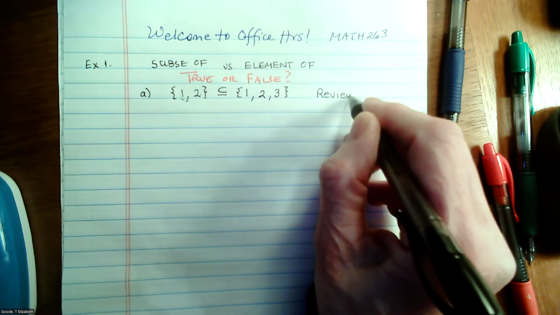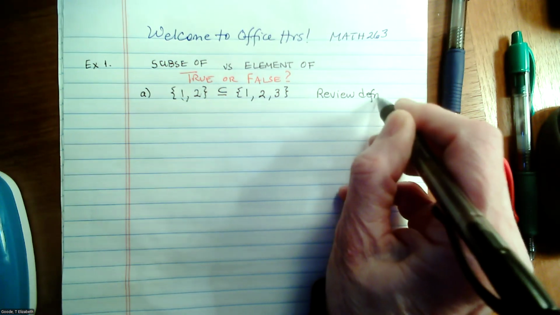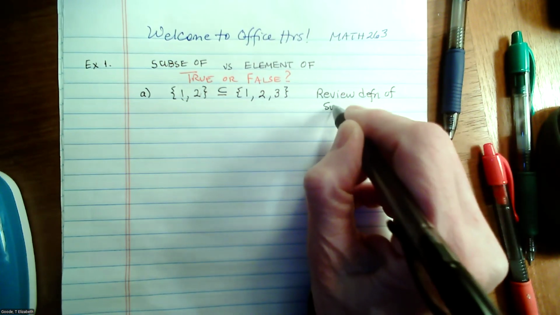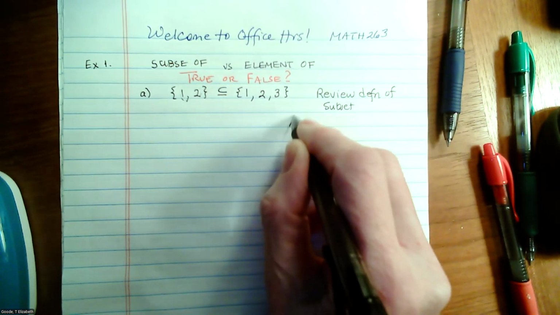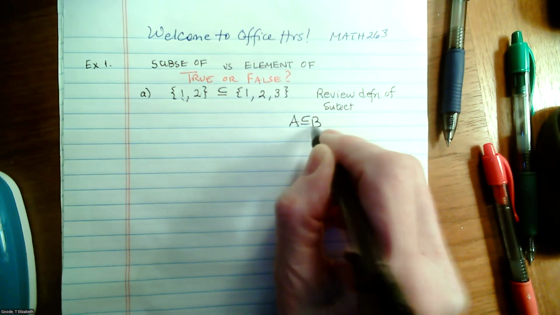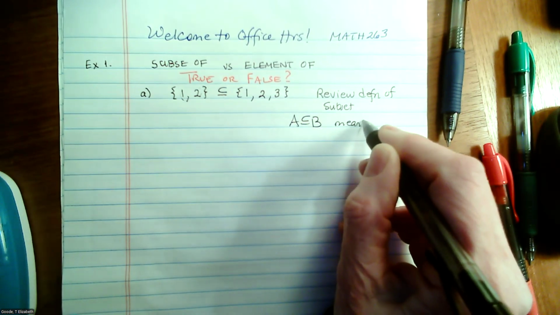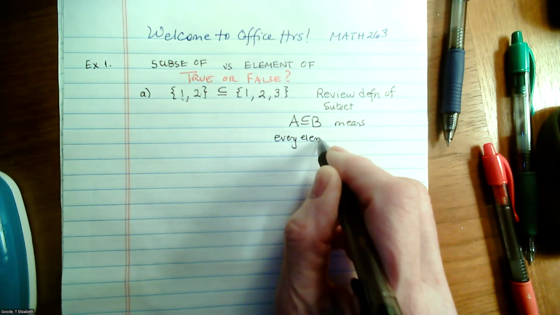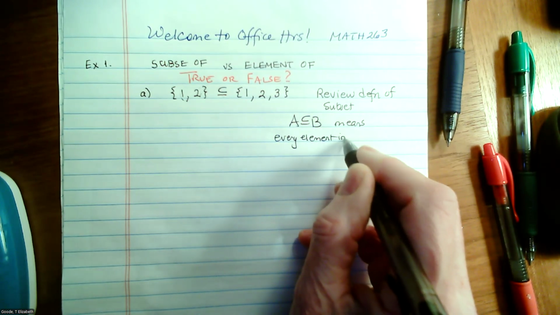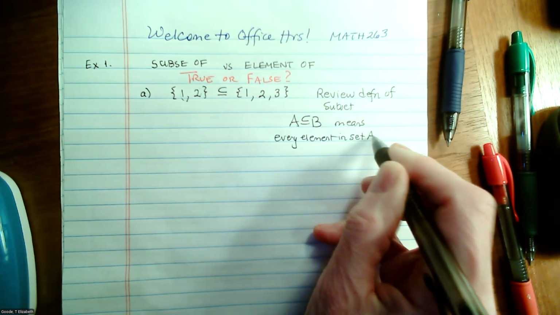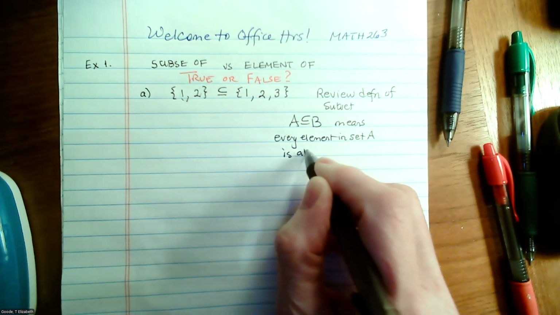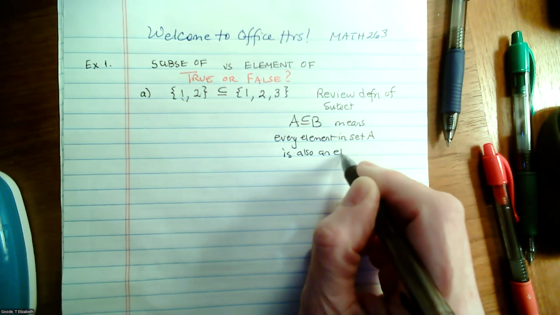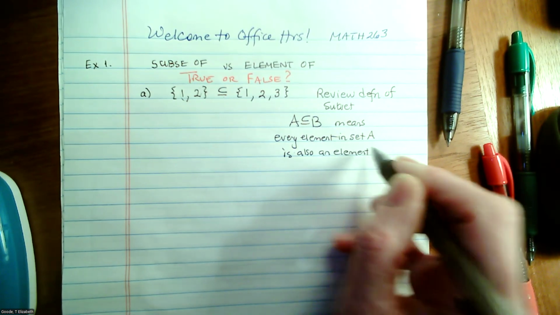Let me review the definition of subset. A is a subset of B means every element in set A is also an element in set B.